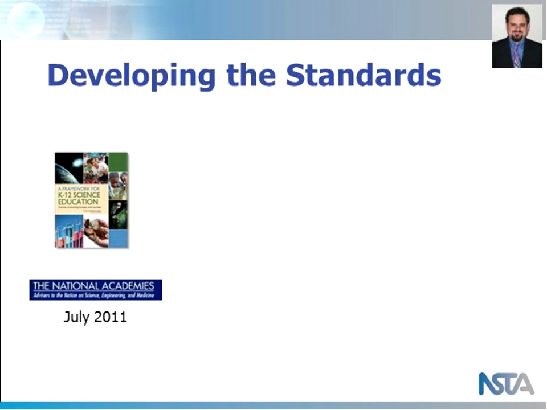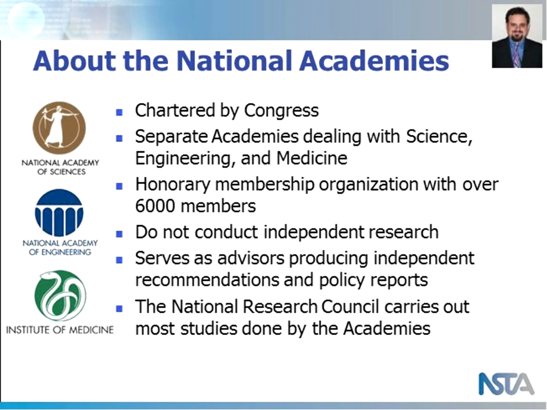But to start off with the aspect of the standards themselves, we'll take a closer look at that document and just understand that the National Academies is an organization that was chartered by Congress, I believe by Abraham Lincoln, if I'm remembering right, back early on, that provides advice to the nation on issues in science, engineering, and medicine.